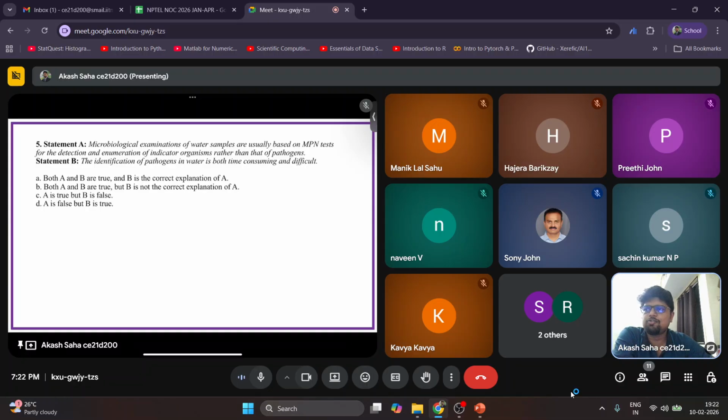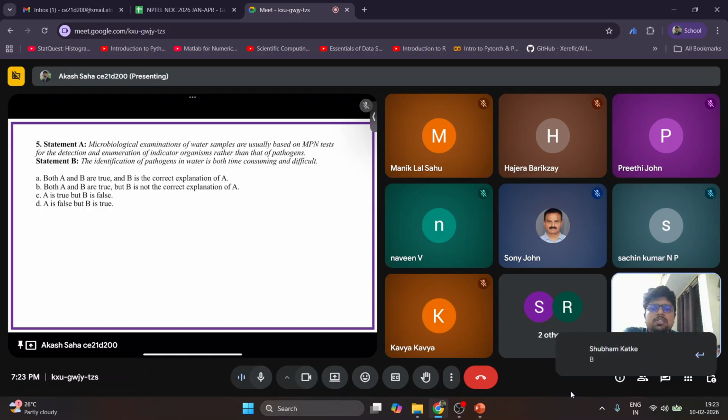If I want to know the condition of my water sample, whether it has pathogens or not, is it always easy to find out the concentration of pathogens? Because those are first of all very deadly or harmful to us, and the identification of them is also difficult.